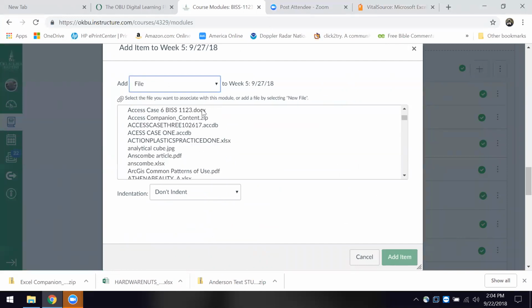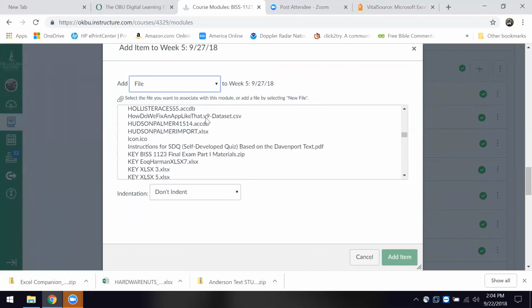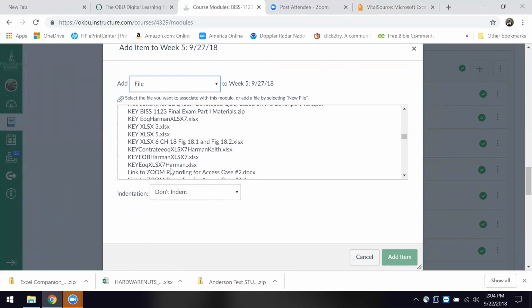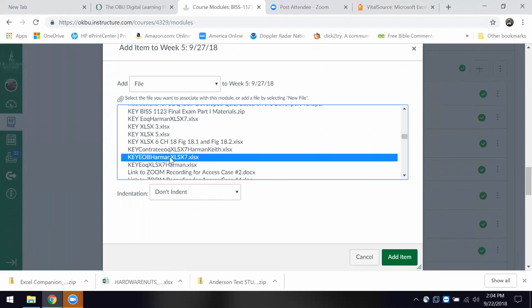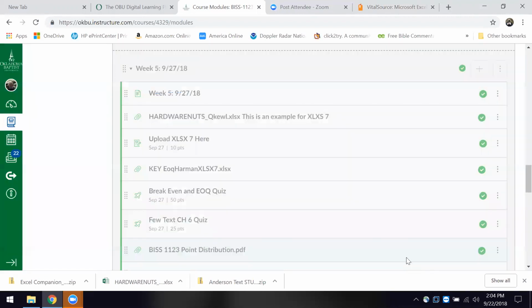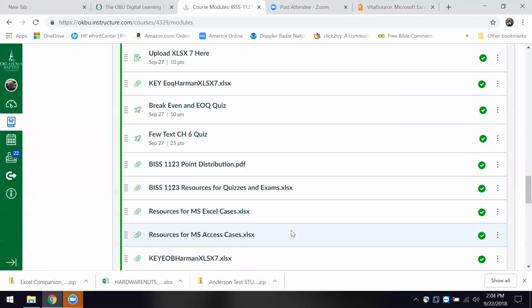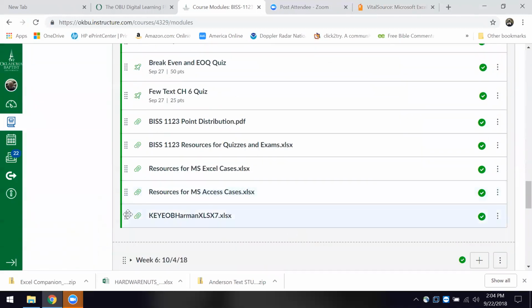The key EOB. And it's added there. And now I'm just going to move it on up.